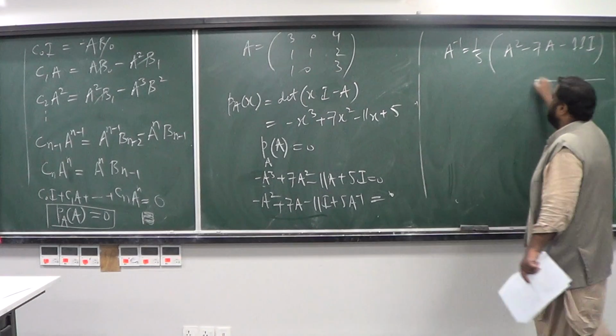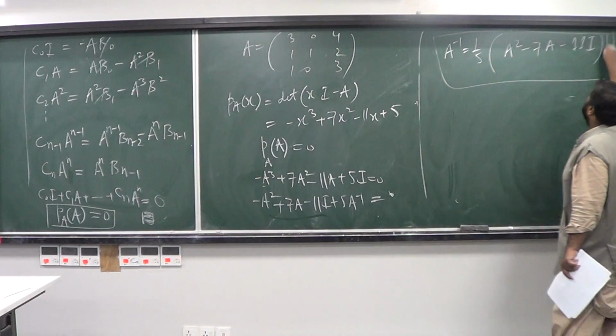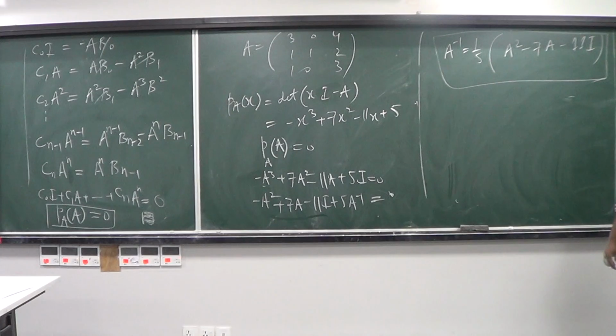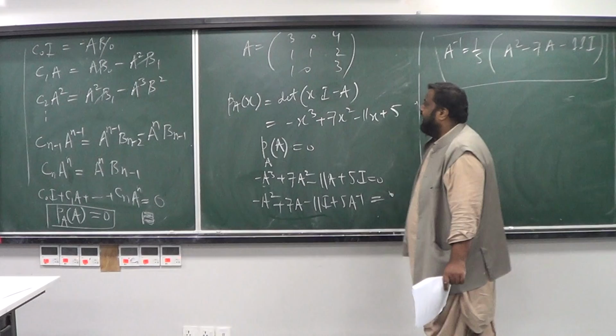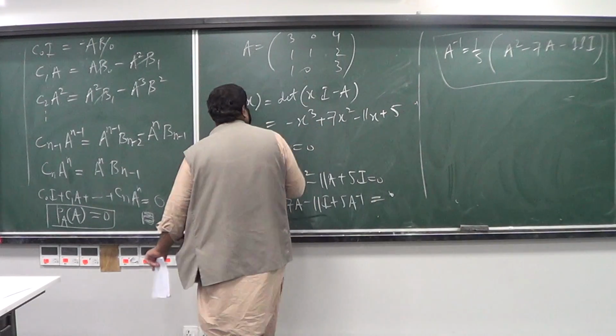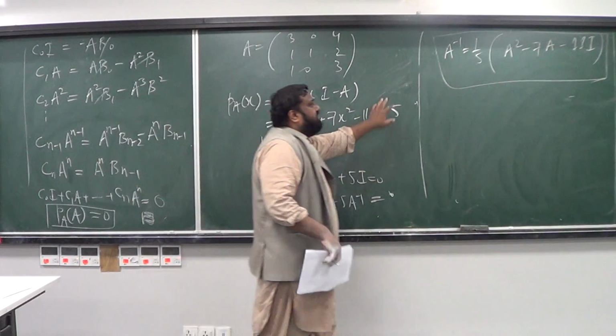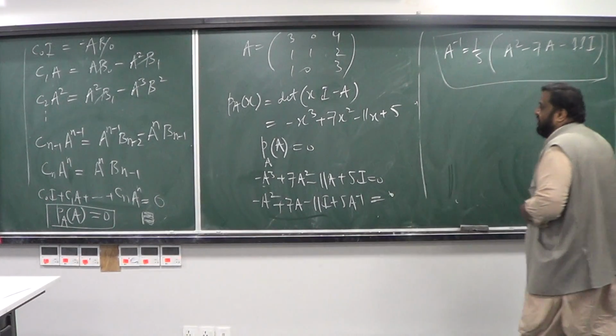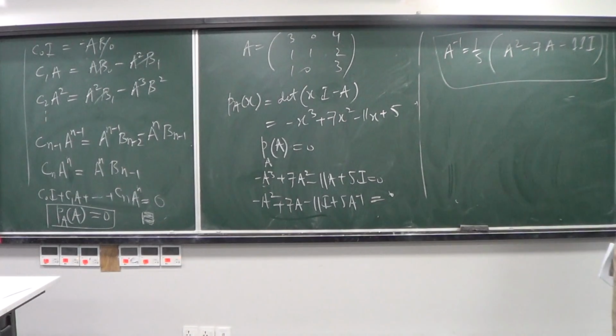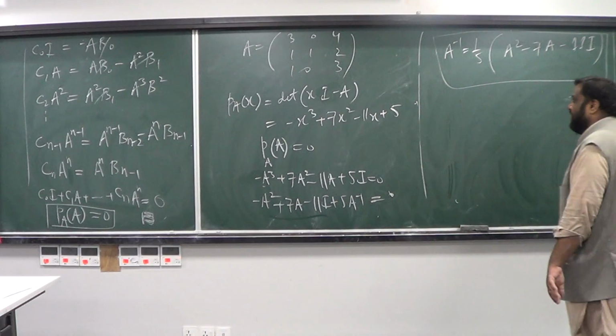Okay, so you got the inverse. You might have seen a variety of ways of finding the inverse of a matrix. You can compute the inverse using the Cayley-Hamilton theorem through such matrix polynomials, easily. So this is one of the fun applications of the Cayley-Hamilton theorem. There are lots of other applications as well, but one fun application is that using the higher powers of the matrix A, you can easily compute its inverse.